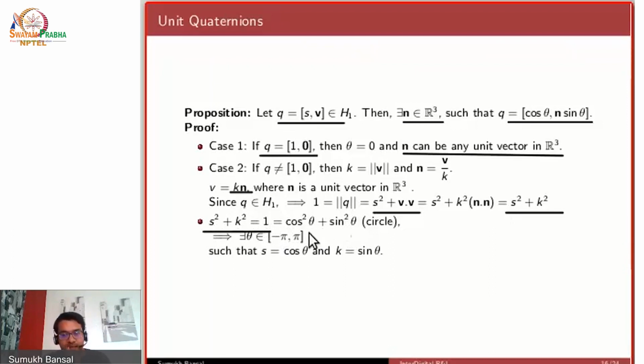We know that cos squared theta plus sin squared theta is equal to 1. So that means that there exists a theta between minus pi and pi such that s is equal to cos theta and k is equal to sin theta. This concludes the proof for this proposition, and any given unit quaternion can be represented in the form of cos theta and sin theta.